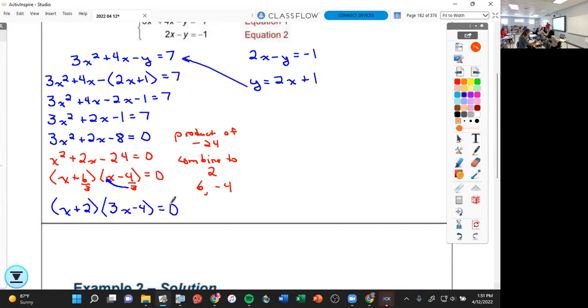So I have two possibilities, correct? Either x plus 2 equals 0 or 3x minus 4 equals 0, which means x equals -2 or x equals 4/3.